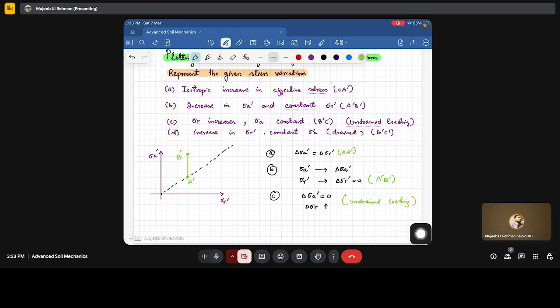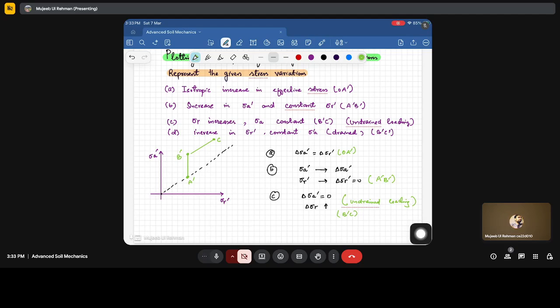For this case we have the stress path B dash C. Delta sigma a is 0 and delta sigma r increases, so it will go to B dash C here.